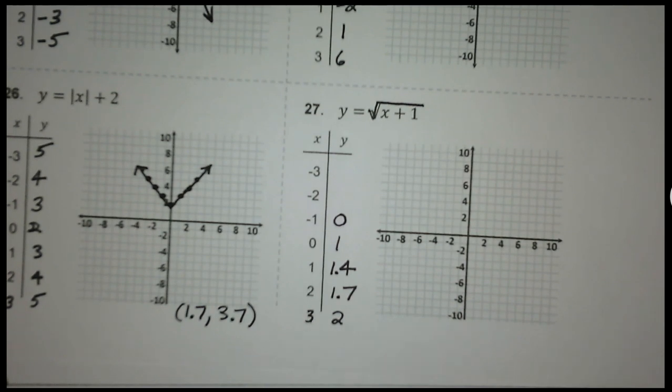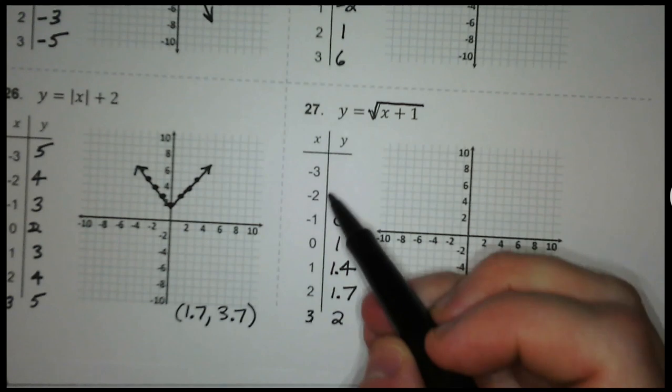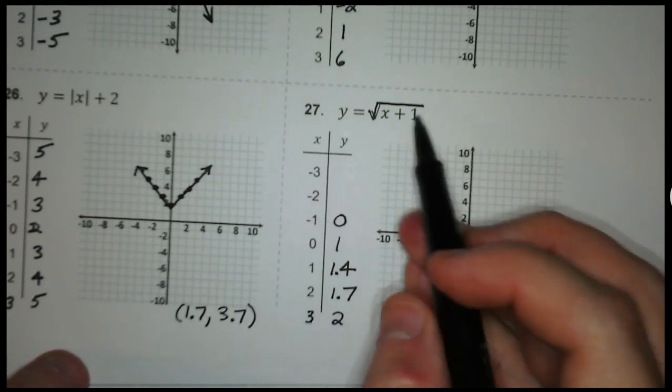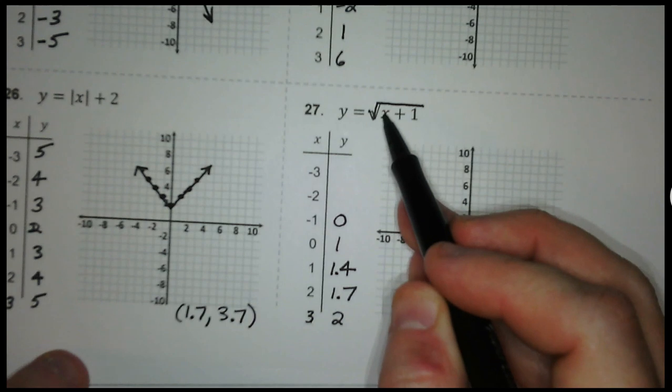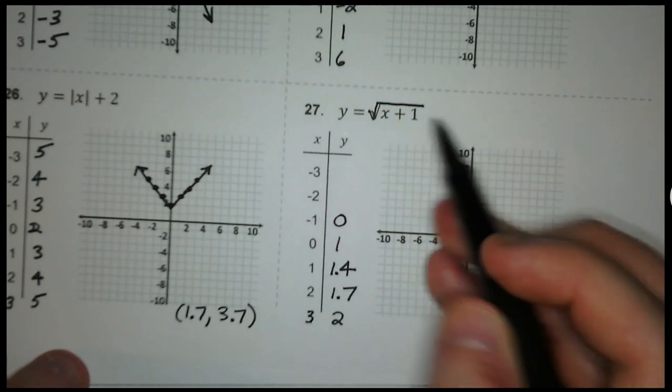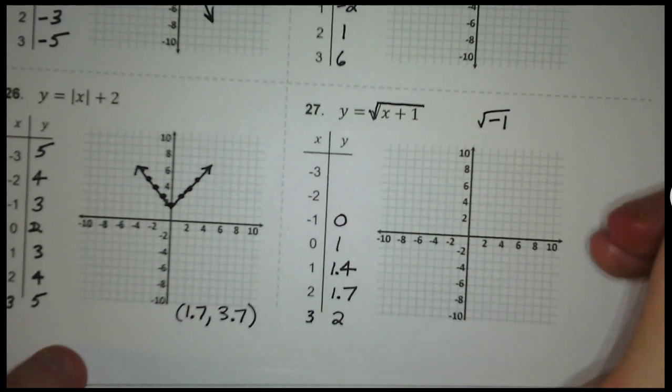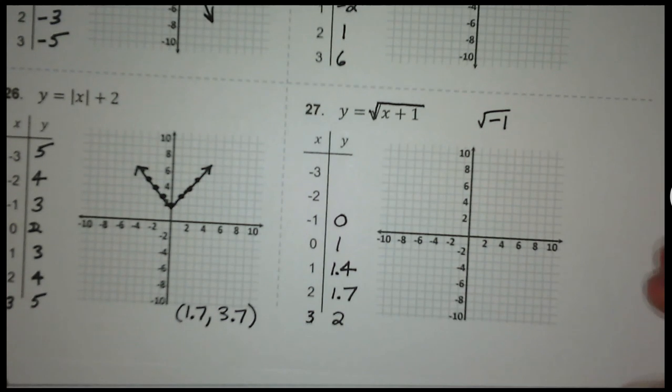Now, ready? If you plug in negative 2 for x, negative 2 plus 1 is negative 1. You would end up with the square root of negative 1, which, in a way, doesn't exist. For now, we'll say that it does not exist.